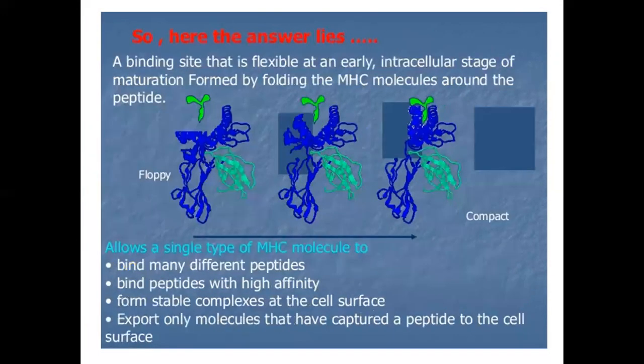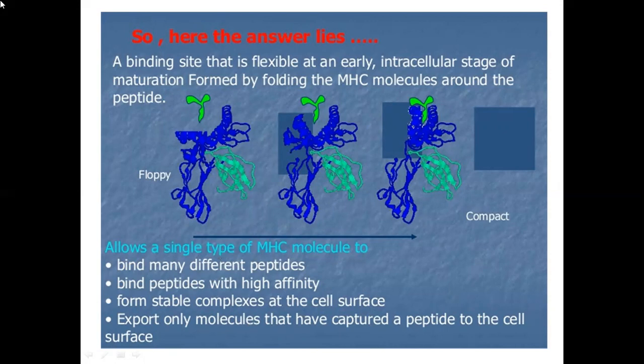The binding site is flexible at an early intracellular stage of maturation, formed by folding the MHC molecules around the peptide. This allows a single type of MHC molecule to bind many different peptides, bind peptides with high affinity, form stable complexes at the cell surface, and export only molecules that have captured a peptide to the cell surface.